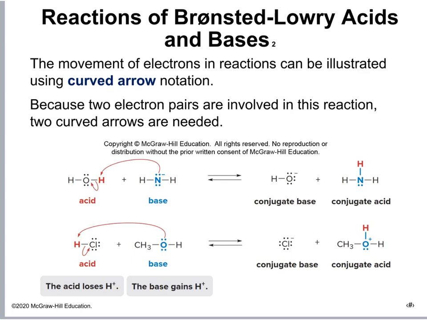So this is an example. Okay, so this is a base. It has lone pairs and a negative charge, okay? So it's going to take its lone pairs, and it's going to go and take that hydrogen, okay? And so this is a new bond. Whenever you draw this, this is a new bond. So these electrons here have now become that bond.